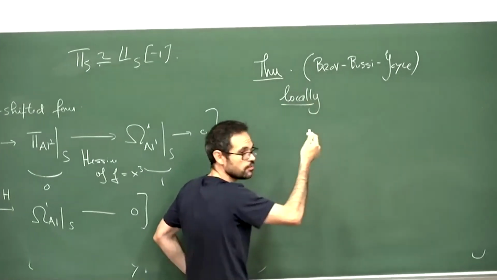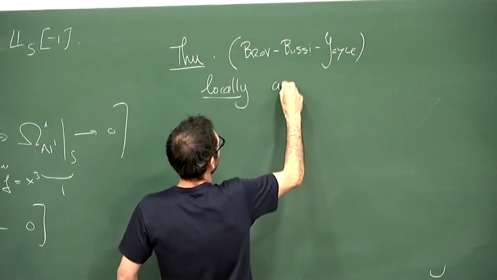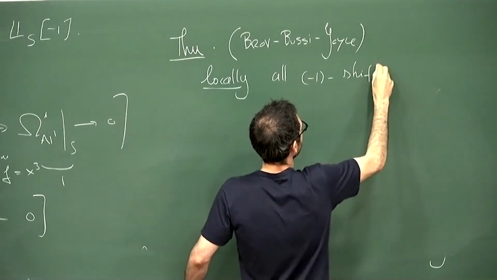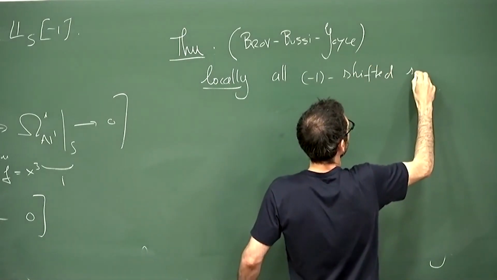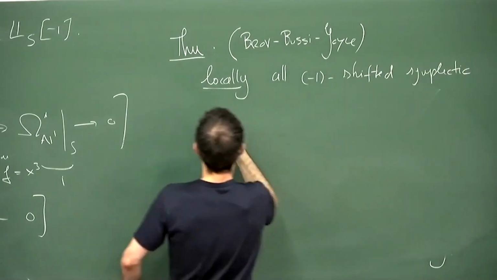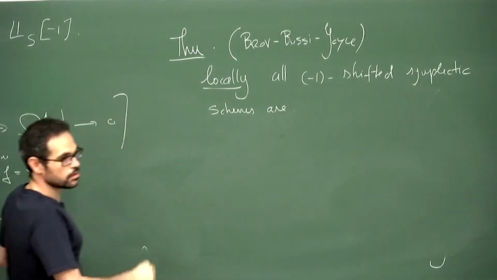So locally means Zariski for schemes, étale for stacks. Locally, all -1 shifted symplectic schemes are, so this was an example.